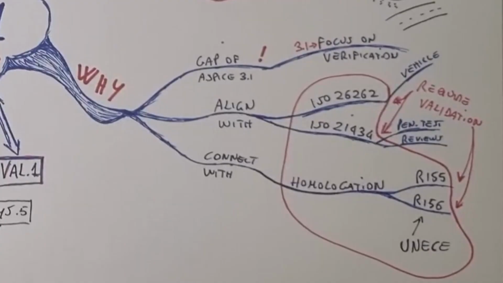Under R156, validation includes confirming that the software update process works reliably, securely, and safely once deployed on the actual vehicle fleet. So by introducing Validation 1, Automotive SPICE 4.0 is aligned with safety, cybersecurity, and homologation norms.